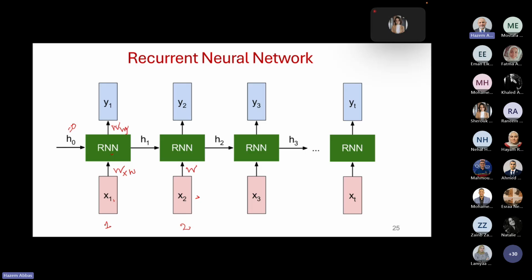These weight matrices are shared between time steps. And at time t3, we use h2 from the previous time step, and with the input x3 produce h3 that will be used to provide y3, and so on up to the time t, where h_t is produced using x_t and using h_{t-1} to produce y_t.